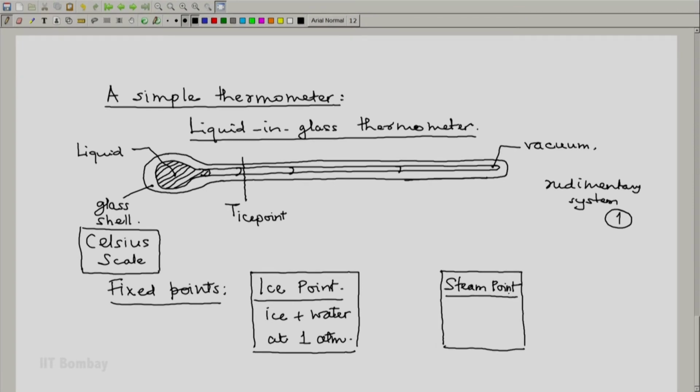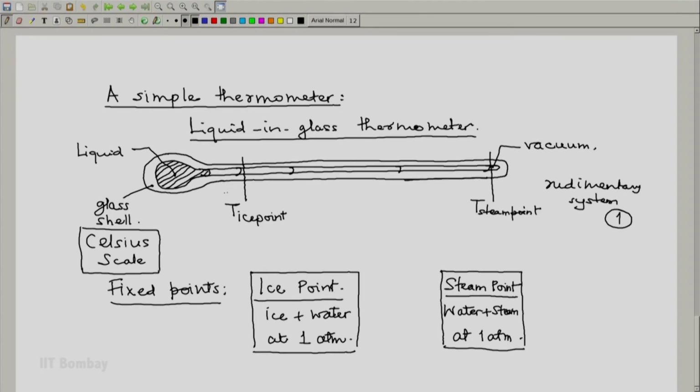Here we boil water and keep it in such a state that we have water and steam together, and the system pressure is again 1 atmosphere. We bring this thermometer in contact with such a system across a diathermic wall, wait till thermal equilibrium is reached, and then again mark the length of the thread at the steam point.